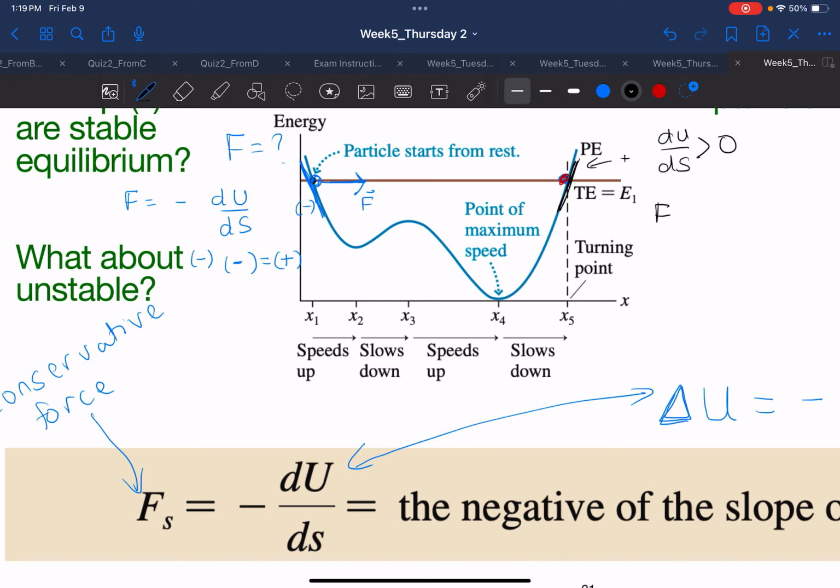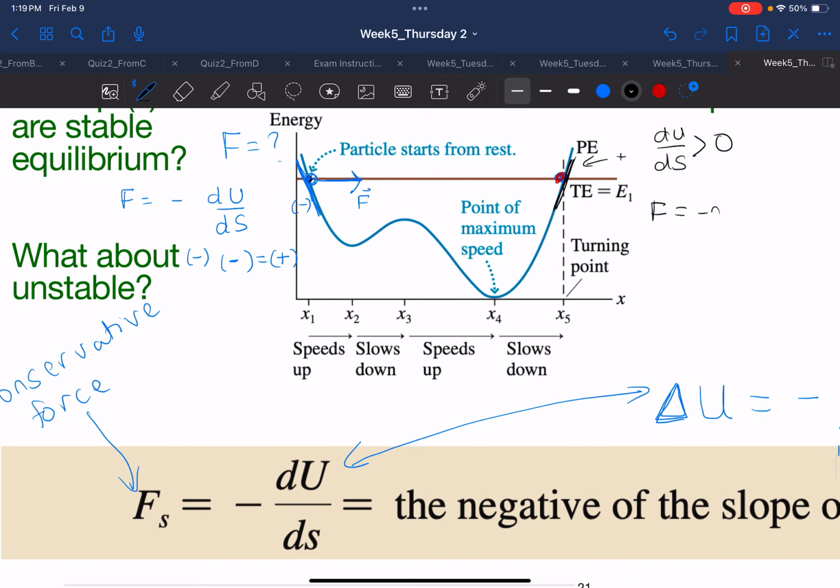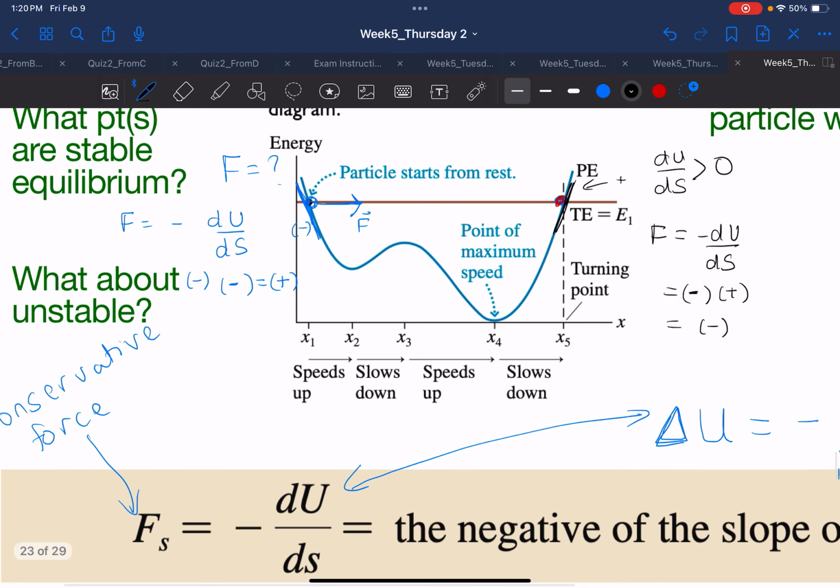That means F, which is minus dU/ds, would be a negative times the derivative here, which is positive. So the overall force is negative, meaning in the negative x direction, so to the left. So force would act on this particle towards the left at this point.